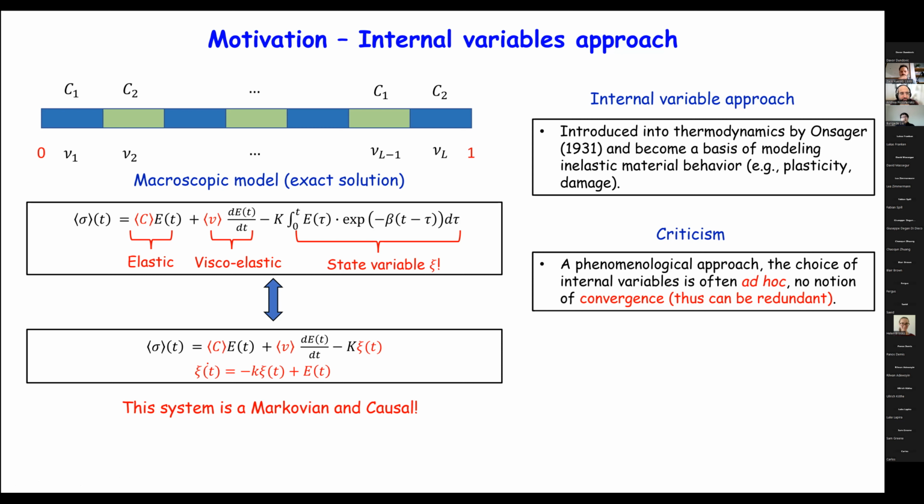Now, this of course has become massively successful, and it's a standard basis of physics. However, the criticism of this approach is that in practice, it is really a phenomenological approach, in the sense that the choice of internal variables is often ad hoc, and we don't know whether we have chosen enough state variables to describe our system, or more than enough state variables to describe our system.